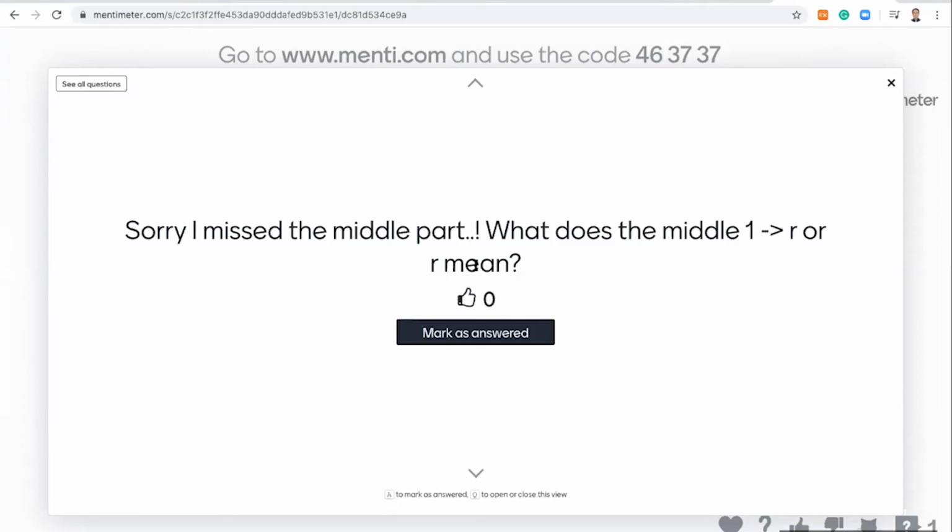And if the interest rate is 5%, then R is 1.05. So that's it.